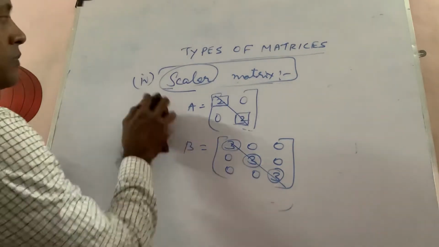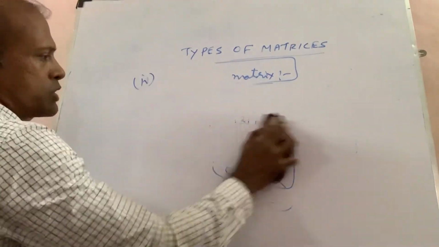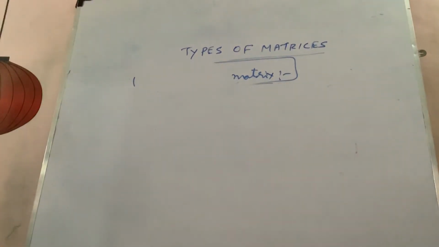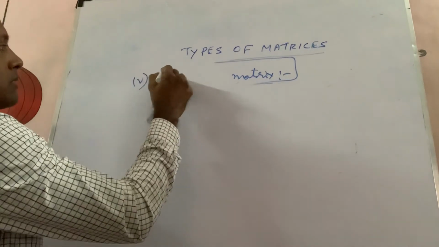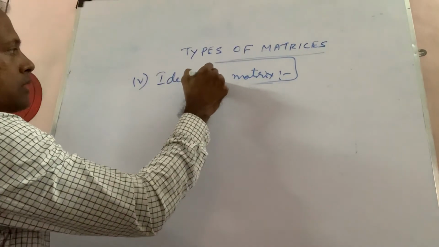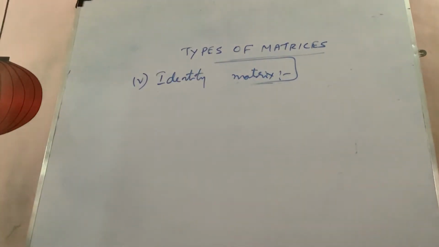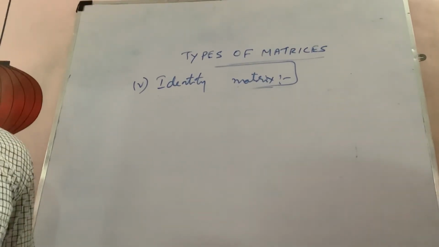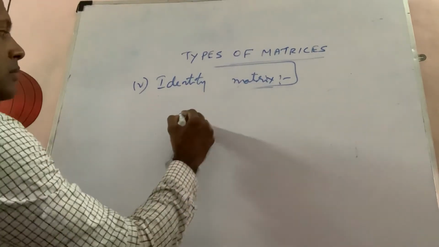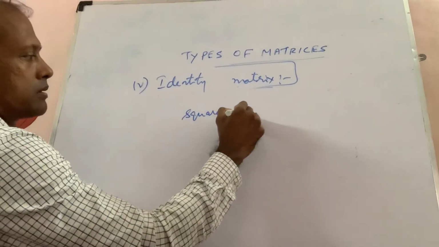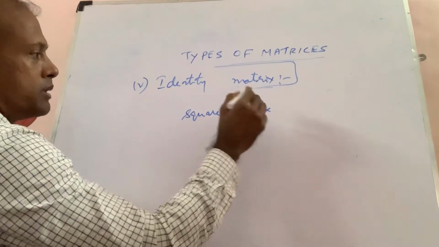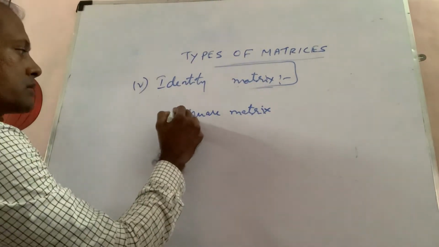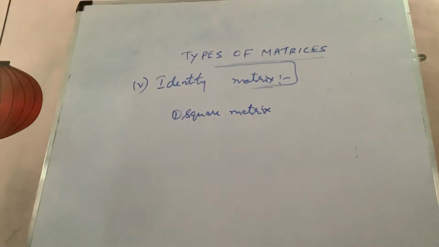Okay? All right. Next type of matrix is going to be identity matrix. So what is an identity matrix? Identity matrix is nothing but a square matrix. Basically, it should be a square matrix. First criteria, it has to be a square matrix. So what is a square matrix?